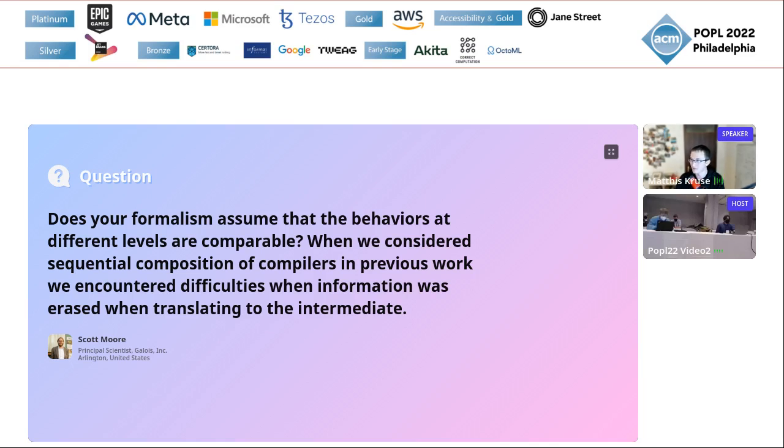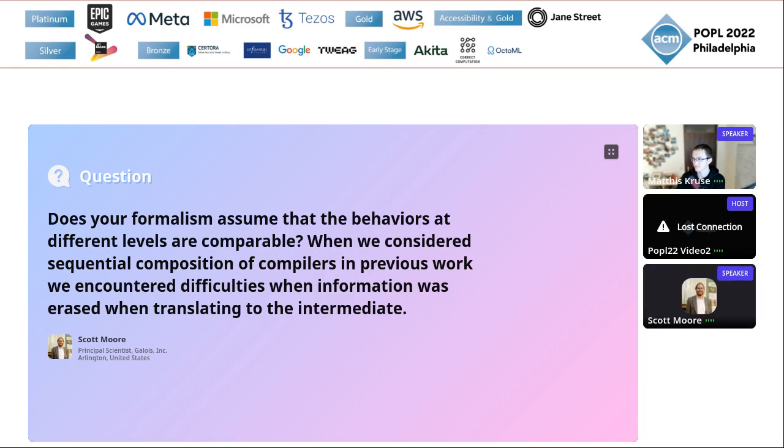Could you explain what you mean by comparable? Because we use the same trace model, so... I think that was my question. Were you using the same trace model at each level?